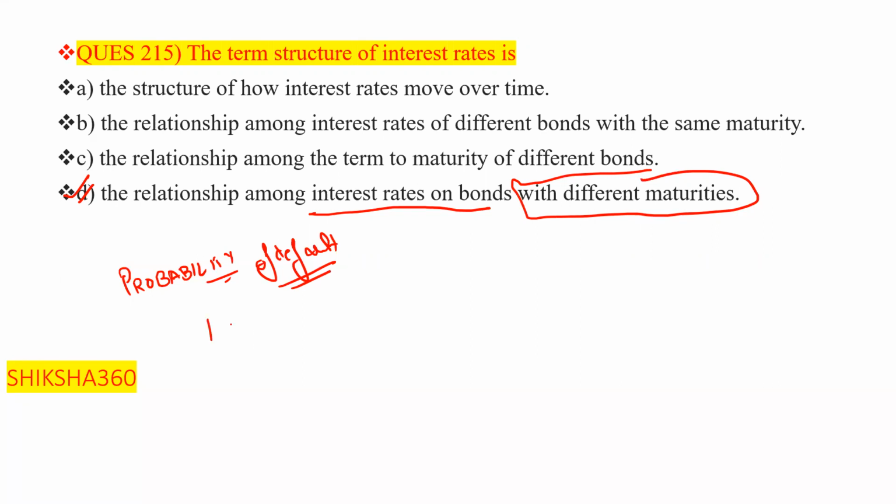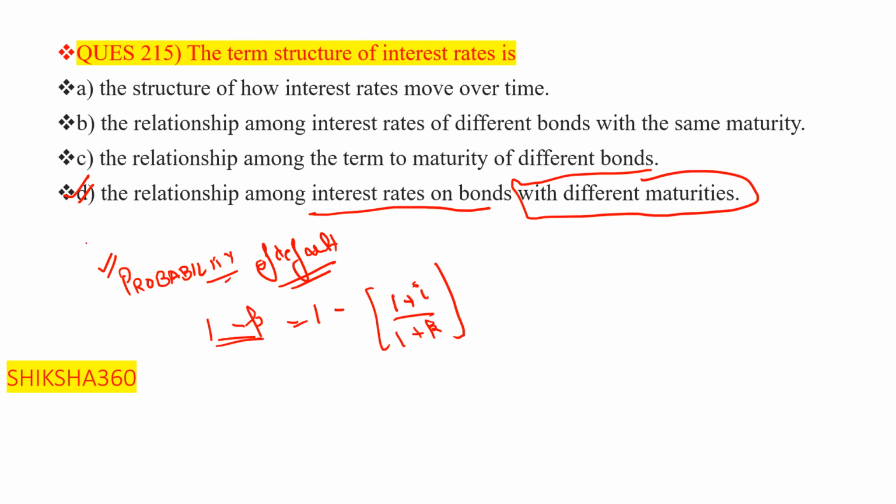The formula is 1 minus p. This is the formula of the probability of default. 1 minus p is equal to 1 minus (1 plus I) upon (1 plus k). Clear. Sometimes in the examination they will ask this type of question, so please remember.